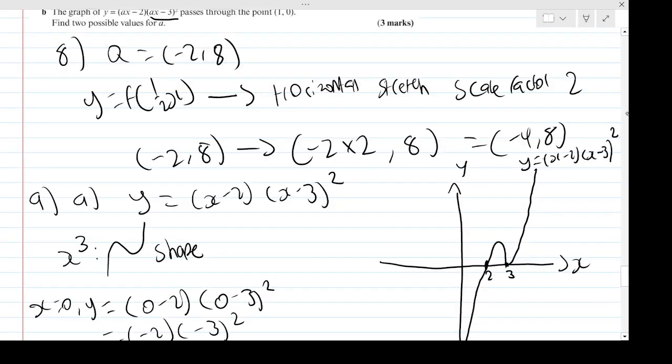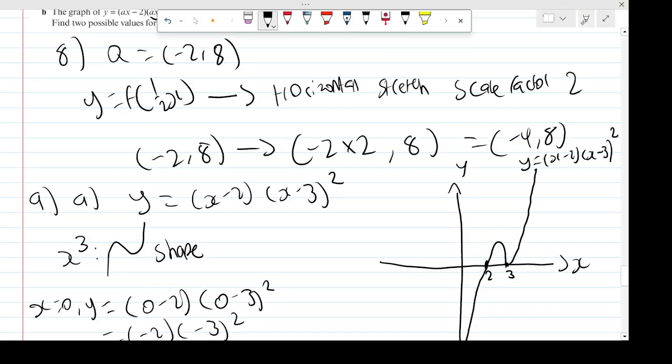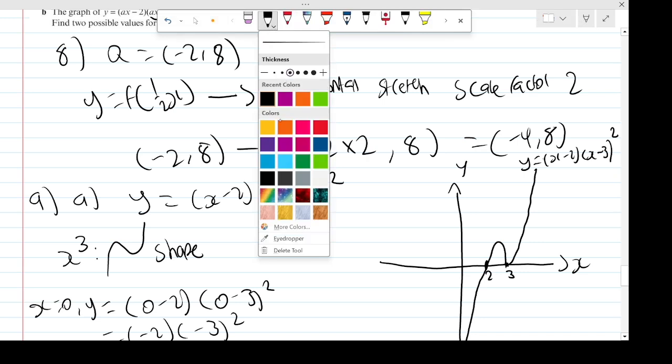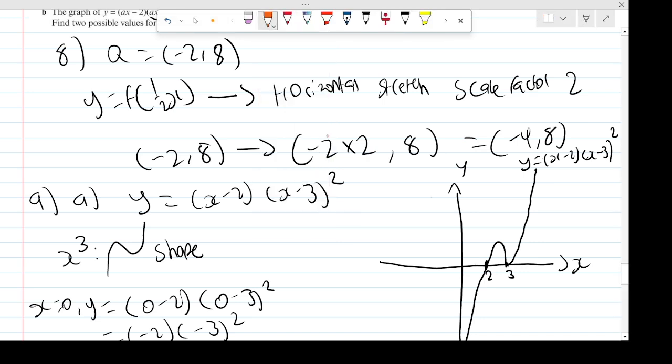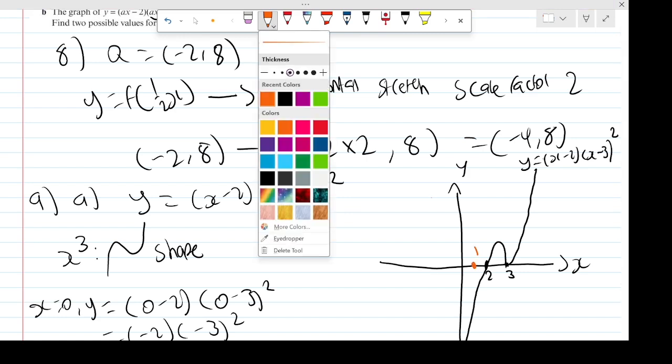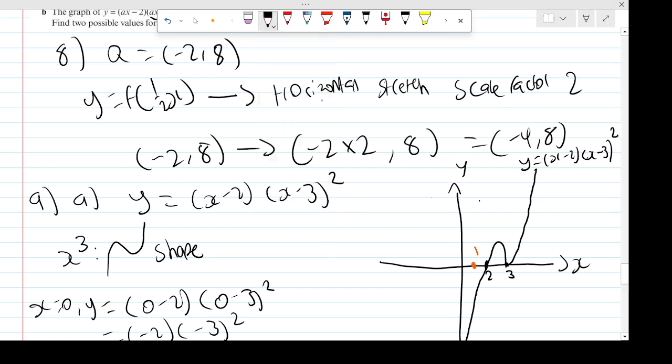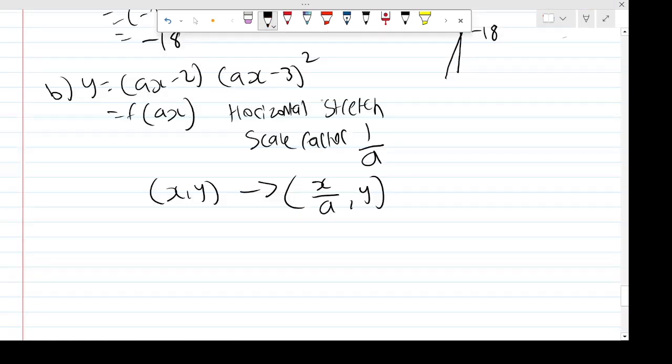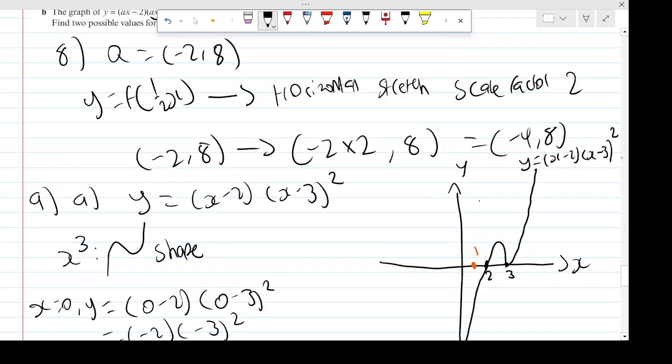Now I need this new transformed curve to pass through 1, 0. If I draw it in red or orange here, it's going to pass through here, which would be 1, 0, the orange point. So I need this transformation where I basically divide the x values, or multiply the x values by a certain number, to then go through 1, 0 here.